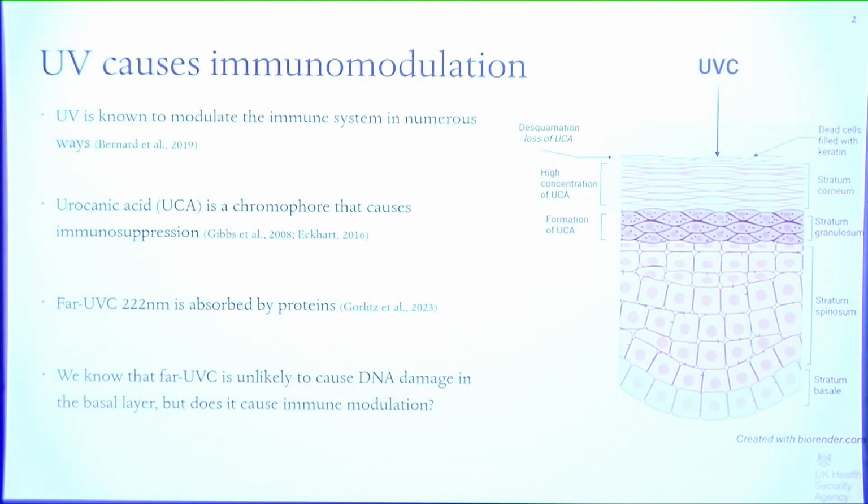So why is this also important? Well, I'm sure we all know and can appreciate that the immune system is essential in your resistance to pathogens, infections, but also just in maintaining homeostasis. So a normal immune system will respond by protecting the body.